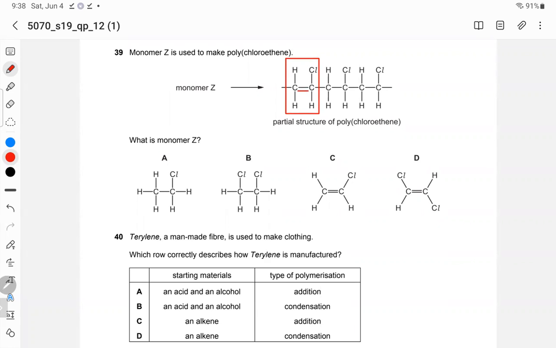So in that case, C will be the correct answer. जी ये clear है सबको? Yes, Shafi and Riza, is this understandable? Yes, sir.